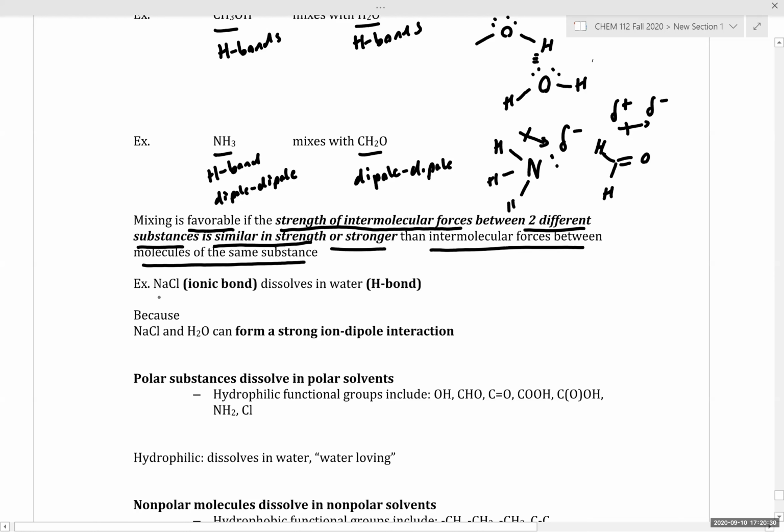So for example, sodium chloride dissolves in water because sodium chloride and water can form a strong ion-dipole interaction. And it's this ion-dipole interaction that leads to favorable solubility.